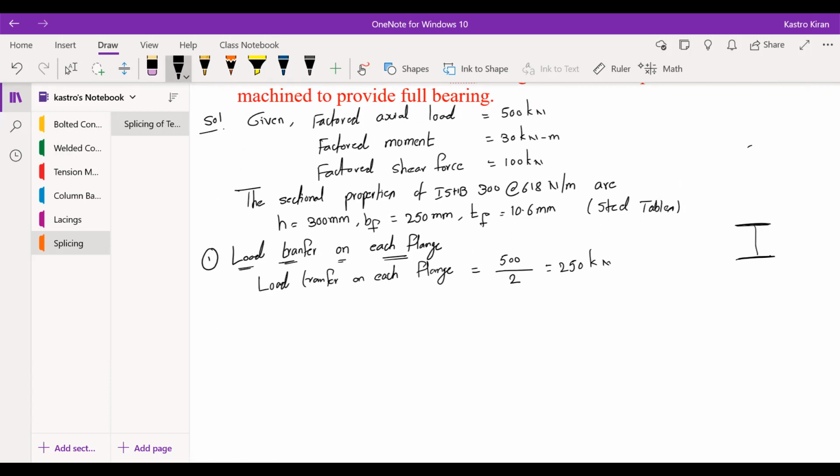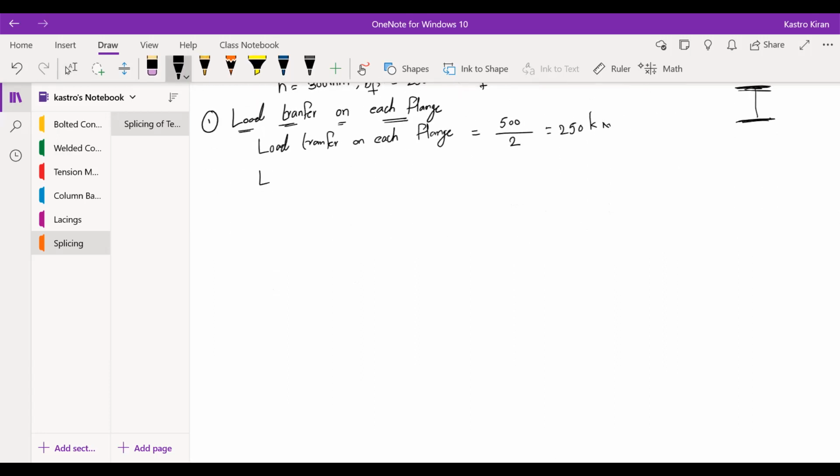Now, as I was telling, for both the flanges you are going to provide the column splice or splice plate. That means you have to provide two splice plates, one on the top and the other on the bottom. So the next case is load transfer on one splice plate.